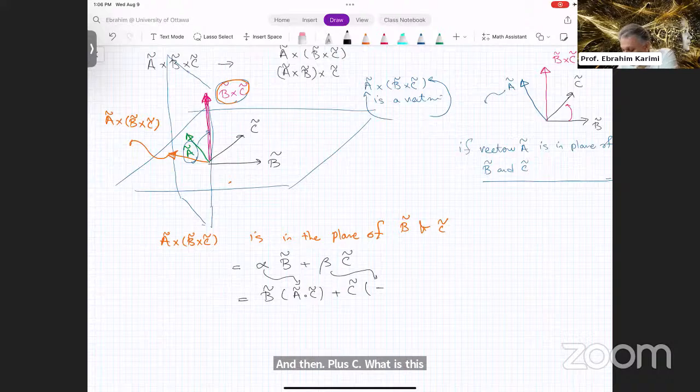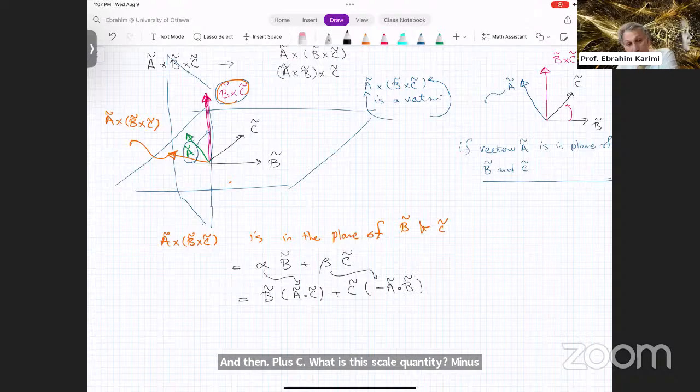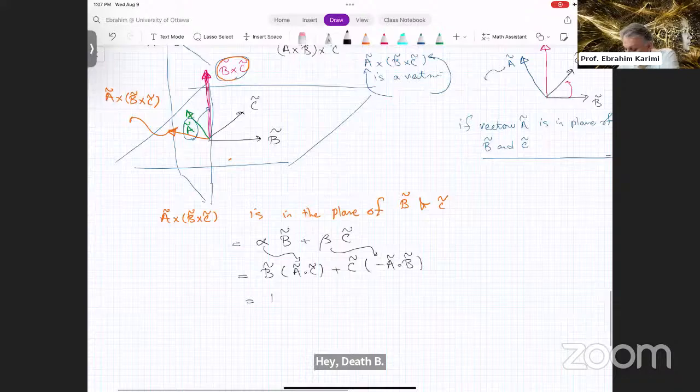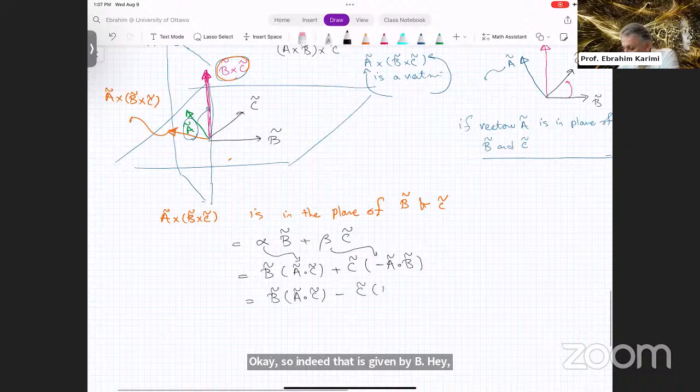Minus A dot B. Okay? So indeed, that is given by B, A dot C, minus C, A dot B.